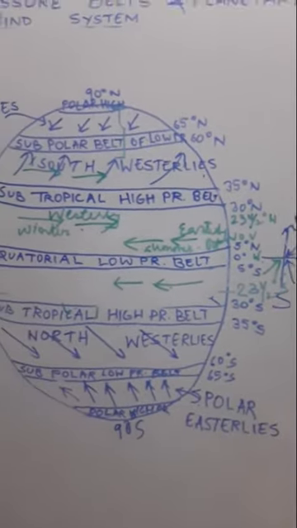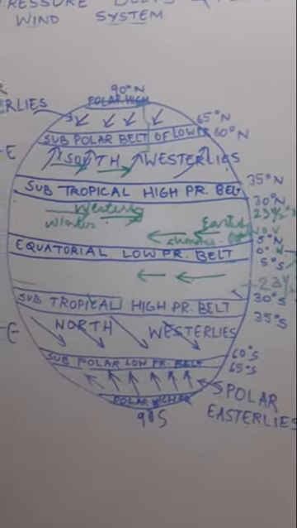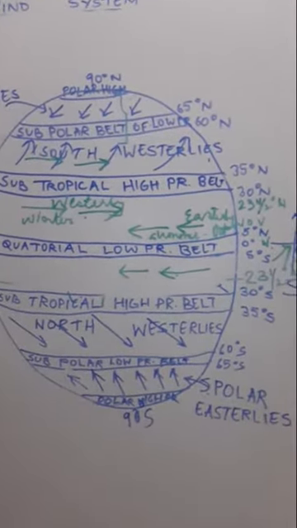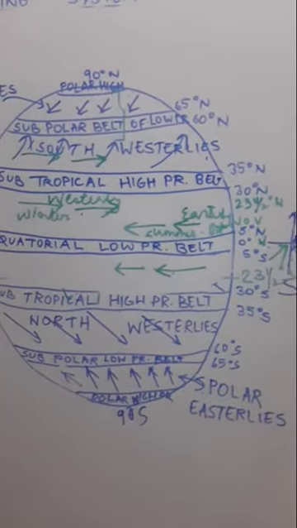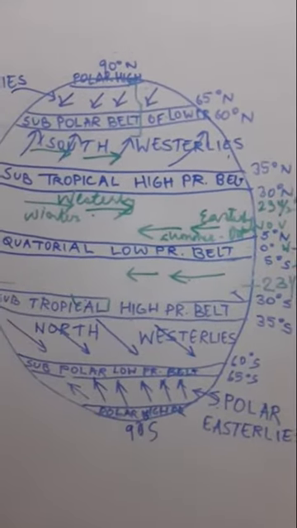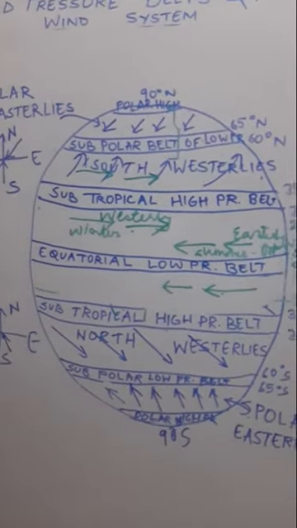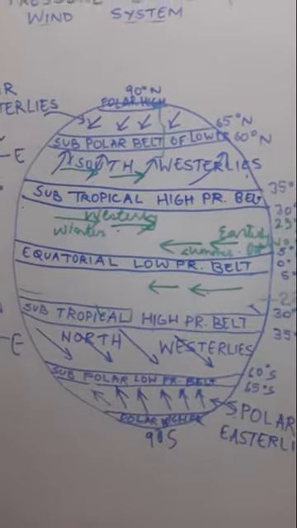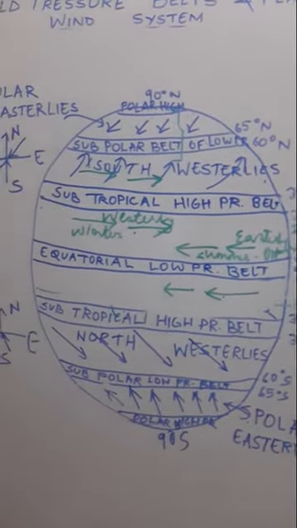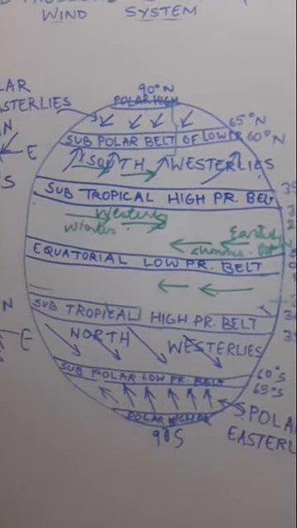This year we have experienced a lot of cyclones. So the easterly jet stream is responsible for pushing cyclones from the Bay of Bengal, and the westerly jet stream is responsible for pushing cyclones from the Mediterranean Sea.